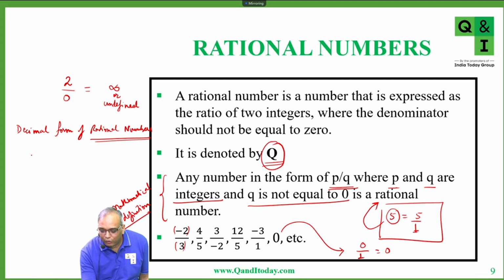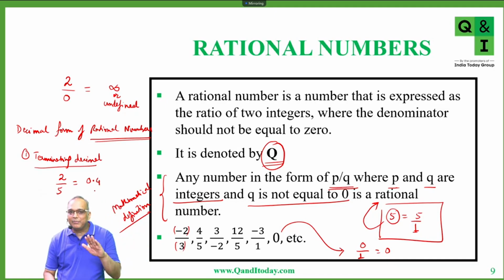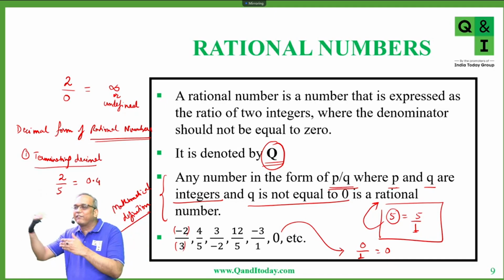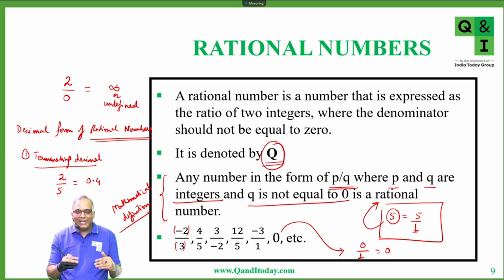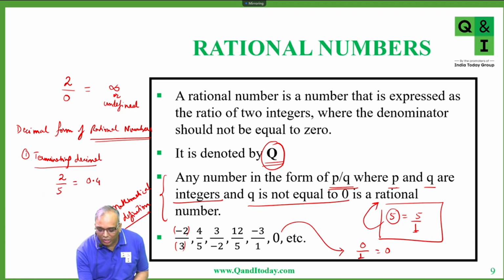So decimal form of rational number, the first form is terminating decimal. For example, if I write, let's say 2 by 5, now 2 by 5 is equal to 0.4. Now this is terminating because there is nothing after 4. Means when you divide this, you will get 0.4 and you cannot further divide it because there is no remainder there, right? So this is called terminating decimal.